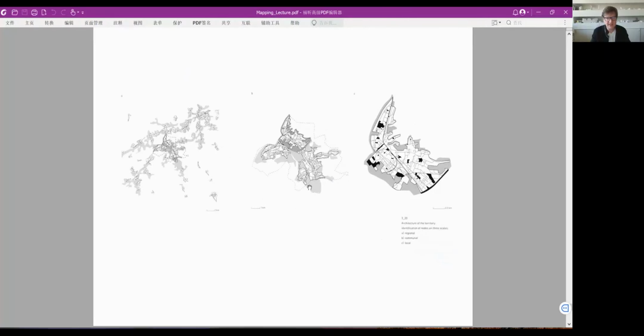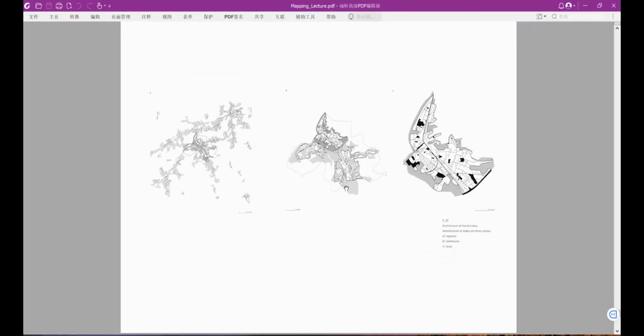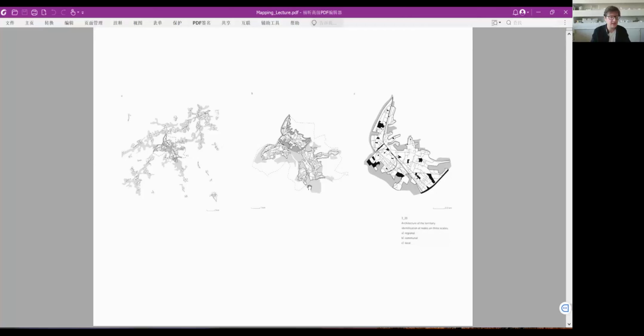And again, as you can see here, similar with the example before, you see the regional part of architecture of the territory with the nodes. You see it on the space in between and the local level. Why do I say this?